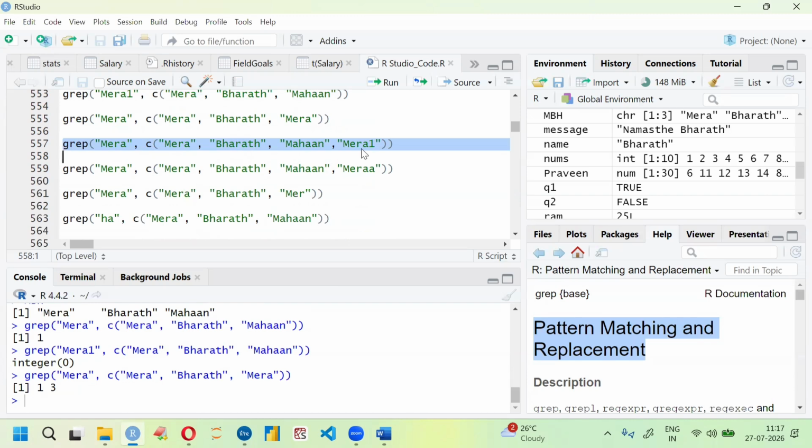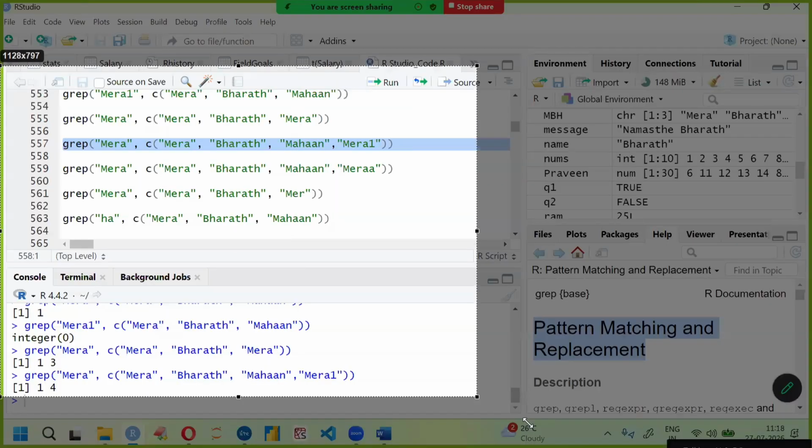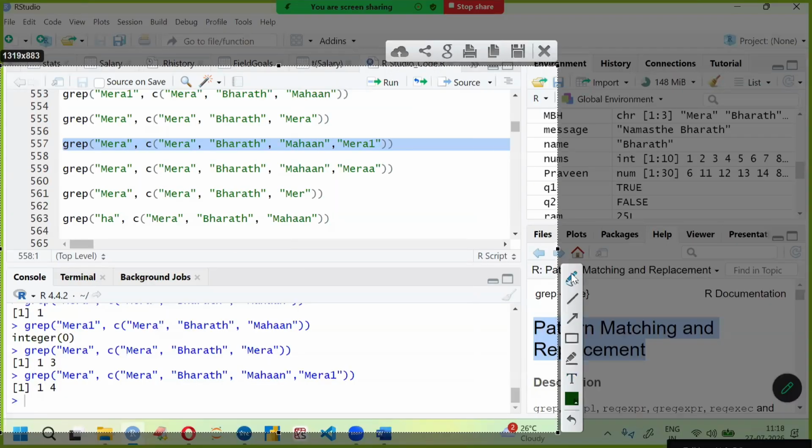What would be the result we can expect if I run this? Fine, let us run that one and see the result. Running. See, we got 1 and 4 as the result. Why did we get 1 and 4? Previously we had not got this, but now we have.